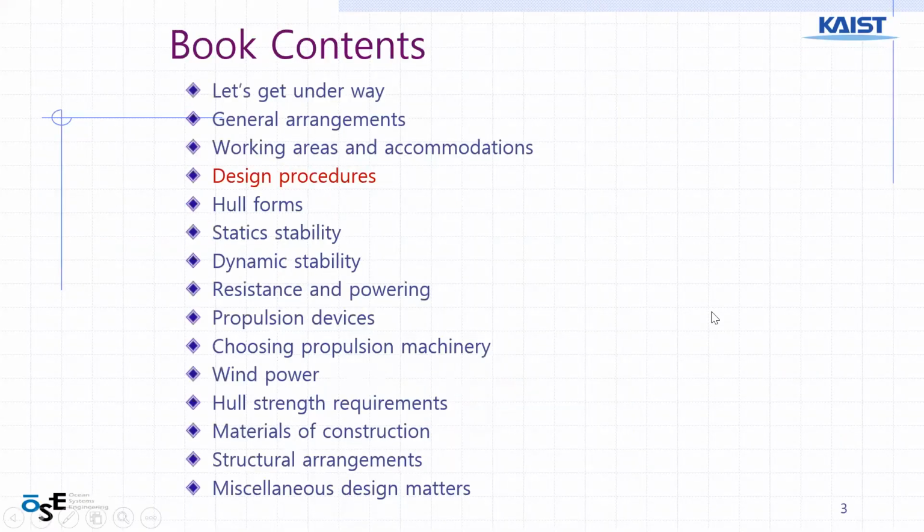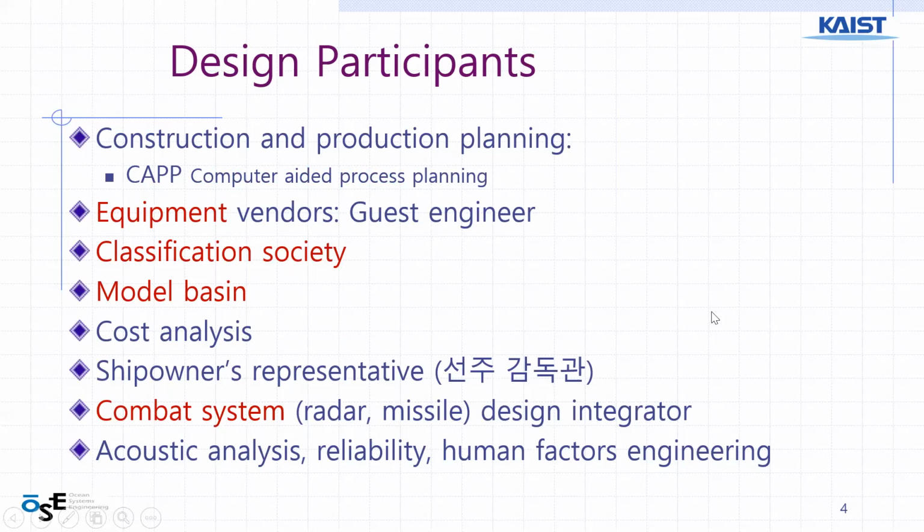This is the book, chapter 4, second part. The second part contains equipment vendors, classification society, model basin, cost analysis, ship owner representative, and combat system for Navy ships, acoustic analysis, reliability, and human factors.